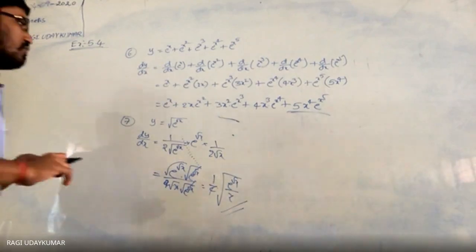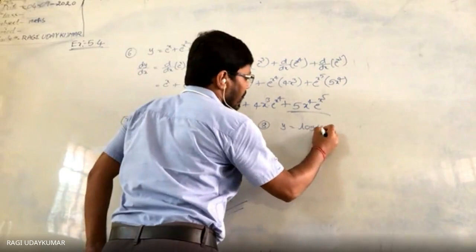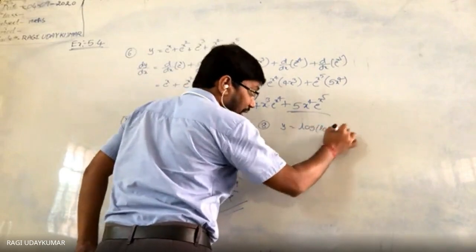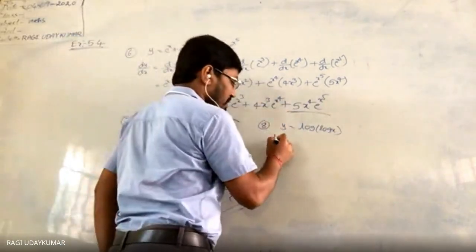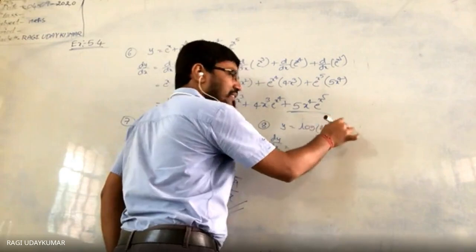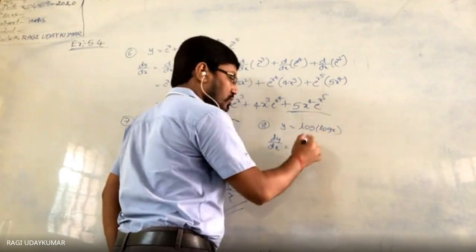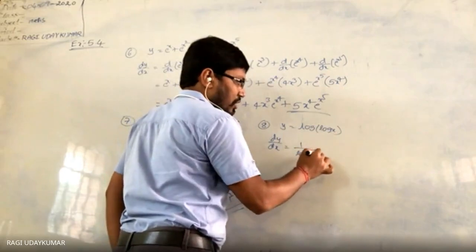Next, log of log x. So, the eighth problem, if you see, is also very simple. y is equal to log of log x. This complete log x you consider as something. The log of something is nothing but 1 by something, that means 1 by log x we are going to do.